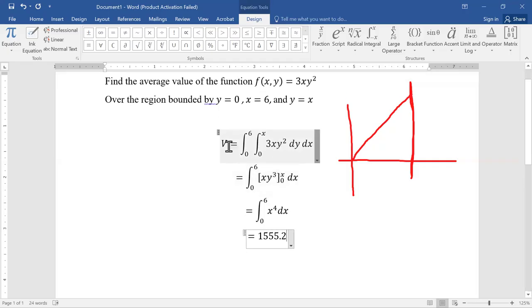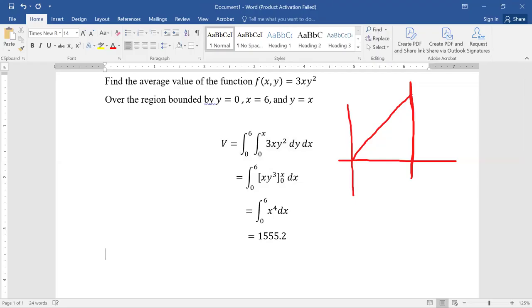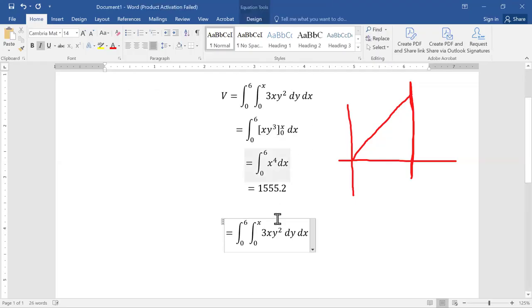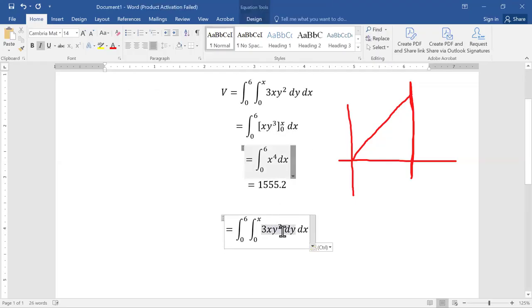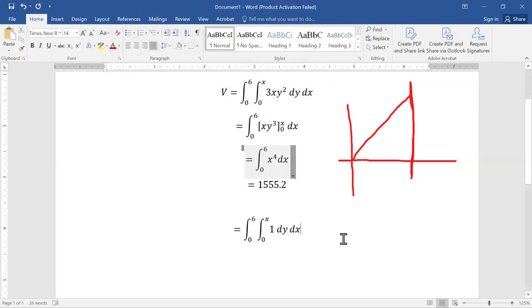In order to find the area, I'm essentially going to do that same integration, but not with the function 3xy squared, but just with the function 1.